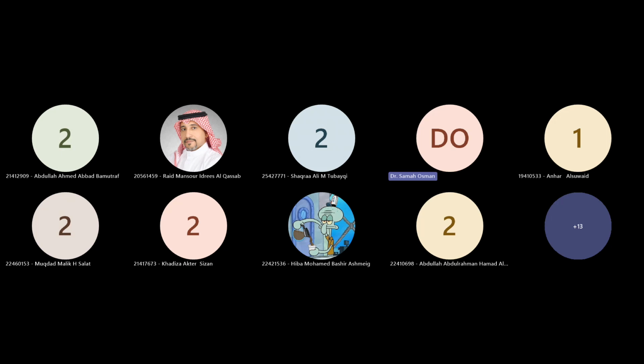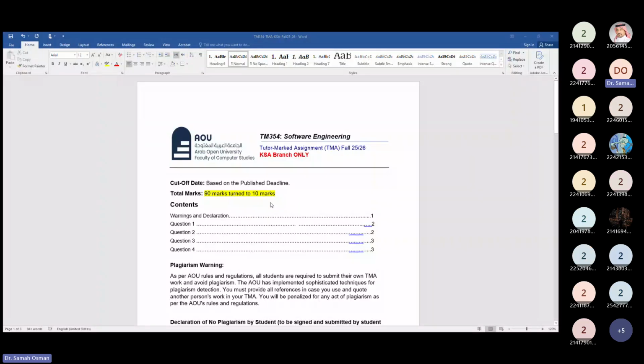I already stopped the sharing, sorry. The TMA marks, ya jama'a, have changed. I think you all noticed that. The TMA changed from 15 to 10. Before, last semester, it was 15. Now it is 10. 10 for the TMA, 10 for the activity in class, 30 for your midterm, and 50 for the final.